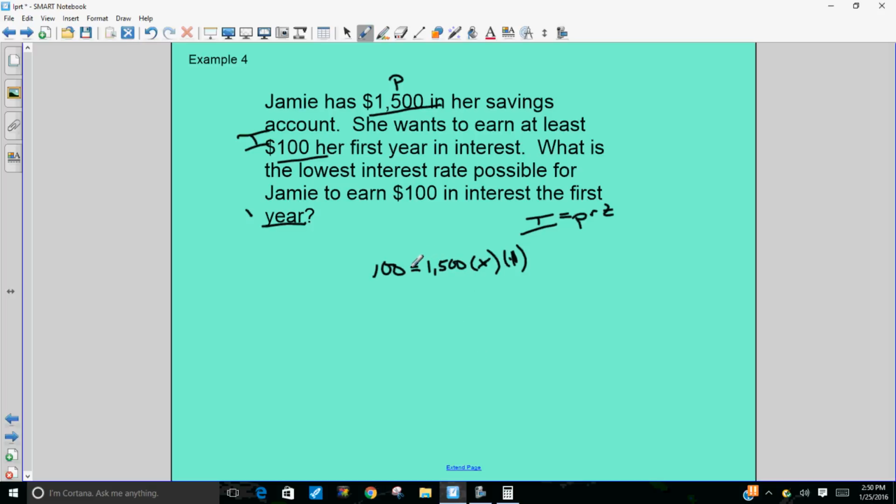Now, these kinds of problems are going to require you to do 2 steps. First thing I need to do is combine these 2 numbers on the side of the variable. So I'm going to bring that 100 straight down, and that equals 1,500 times 1, which is just 1,500. And then I just bring my X straight down. And now it's a one-shot equation. I just divide by 1,500.